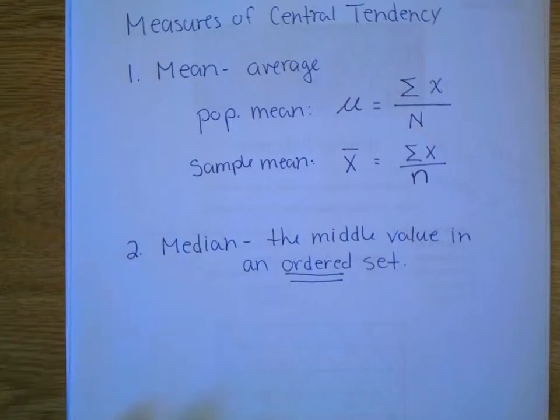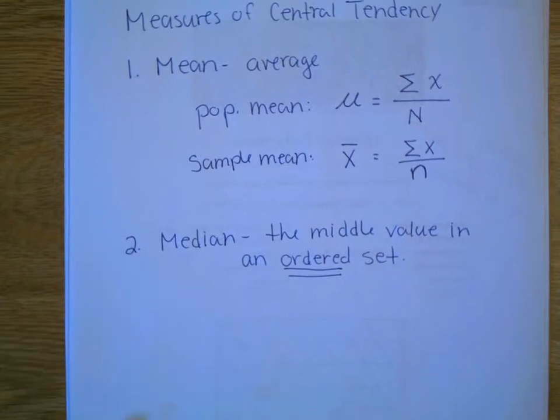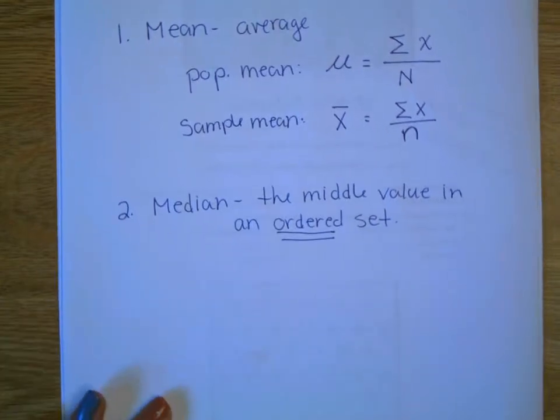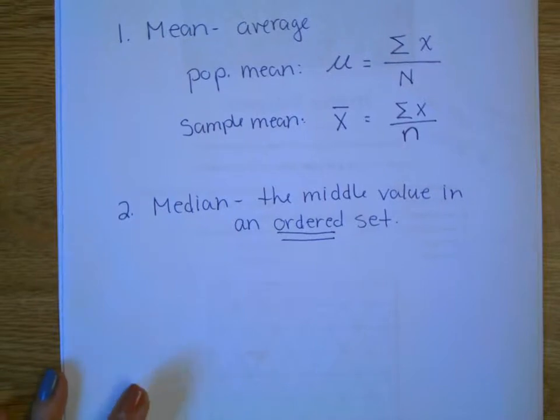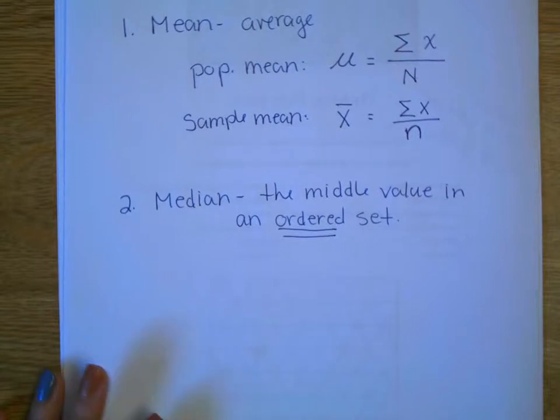Okay, it's the middle value in an ordered set. What do I mean by order? Numerical order. What if there's an even set of numbers there? What if there were only 10 numbers? How do I find the middle of 10 numbers? Add together the two middle ones and divide by 2. Average the two middle ones together.